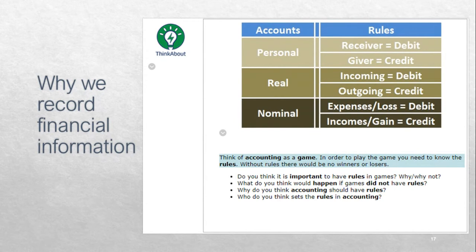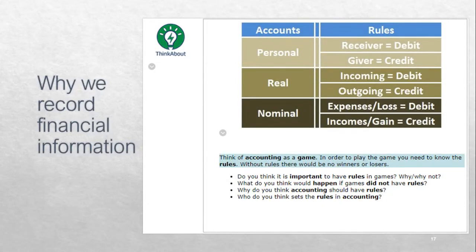So that is also another reason: to make sure that someone else will be able to get to exactly the same result if they apply the rules, that is, the general accounting principles.